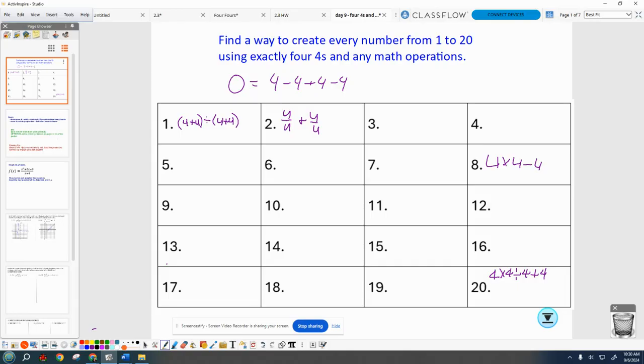This one, 4 times 4 is 16, divided by 4 is 4, plus 4. Yeah, but this is 16 divided by 4 is 4, 4 minus, this one doesn't work the way you have it written.